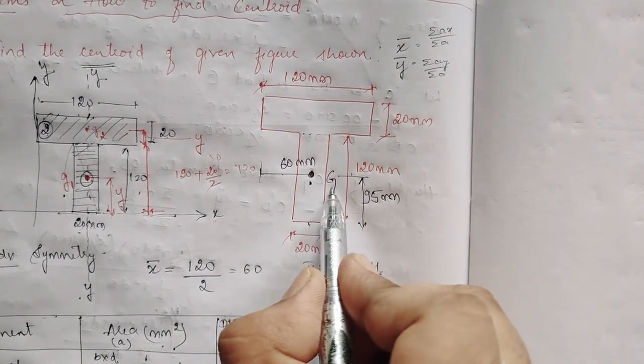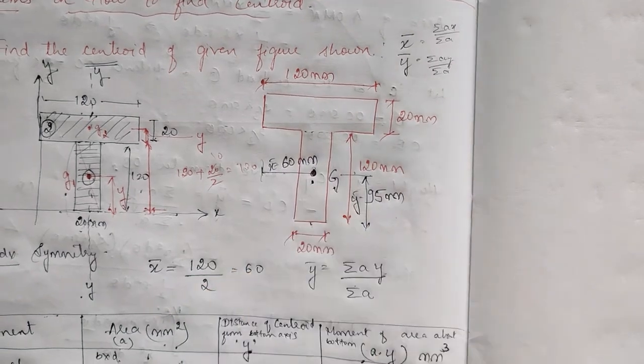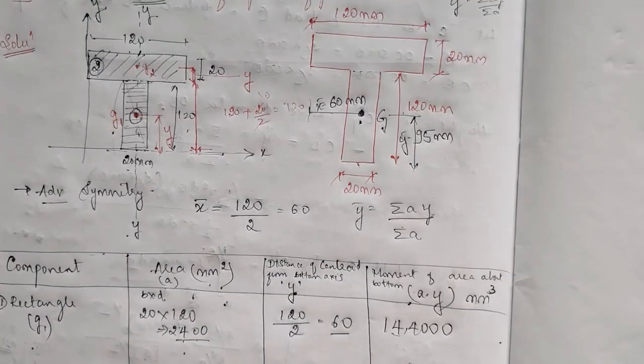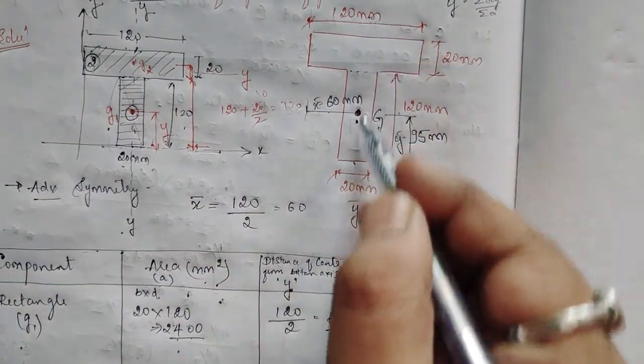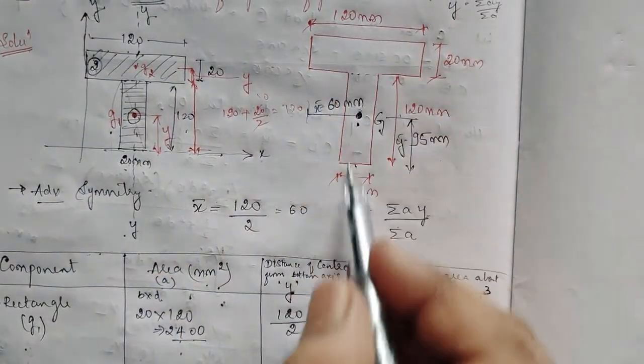So this is the centroid G. What we have to find? We have to find y bar and x bar. So I'll tell you again how to solve. Whenever a problem is given, if the problem is divisible by symmetry, you should divide the problem by symmetry. We have to take advantage of symmetry.